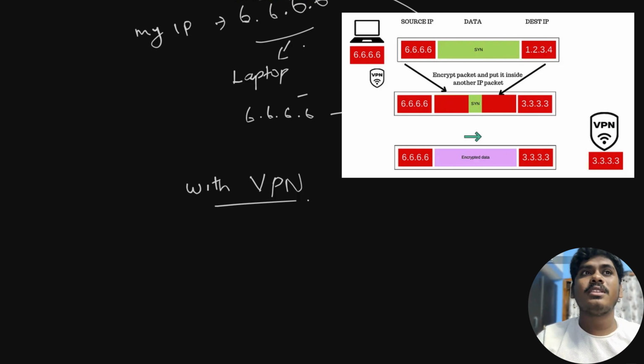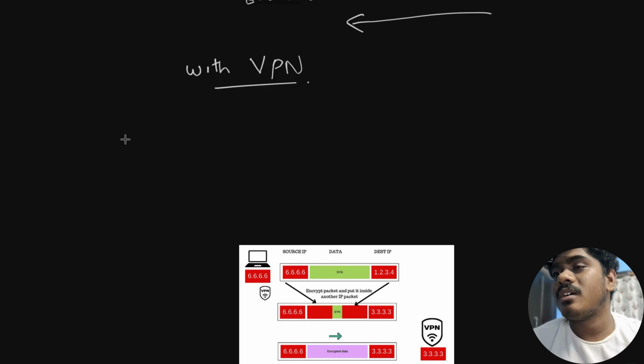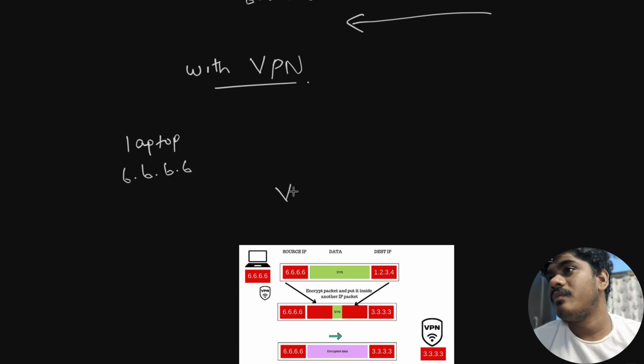Let me explain in simpler terms so you can understand a bit better. I have a laptop with IP 6.6.6.6, and I have a VPN at 3.3.3.3.